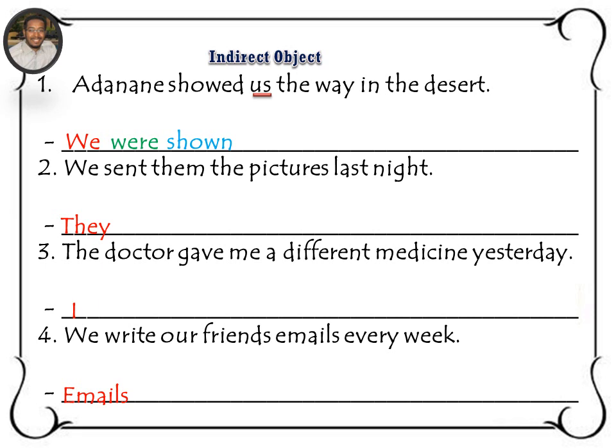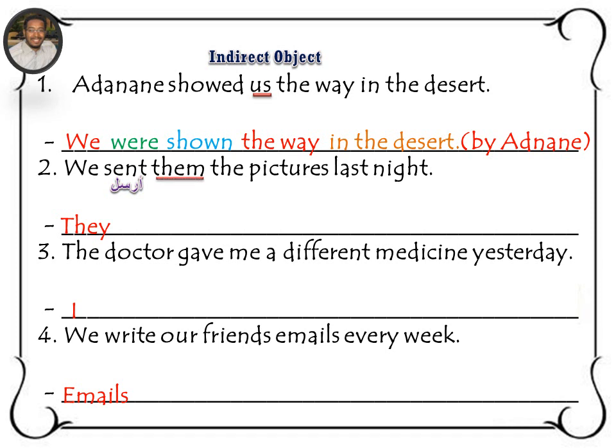And then step number 4. Exactly the way, which is the direct object. And we finish our sentence in the desert. If you want to mention the agent, you can write by Adnan, but it's optional. And the final result, we were shown the way in the desert. Number 2. So them becomes they.